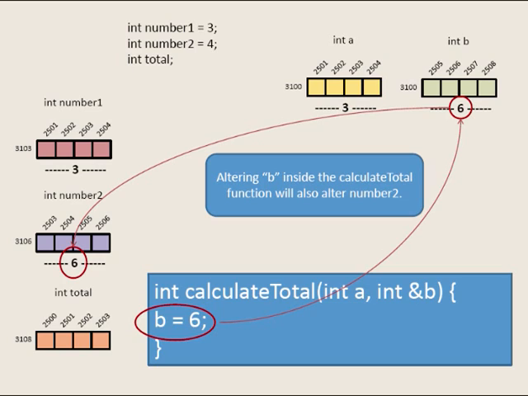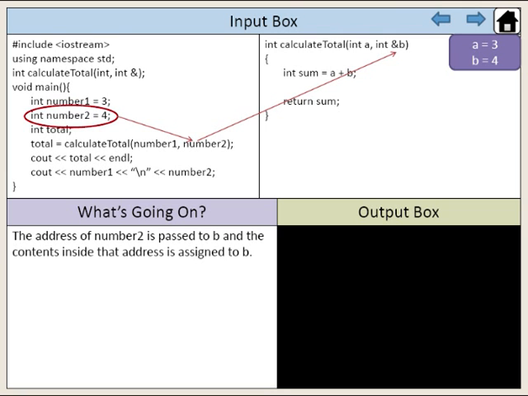Altering B inside the calculate total function will also alter number 2. The address of number 2 is passed to B, and the contents inside that address is assigned to B.